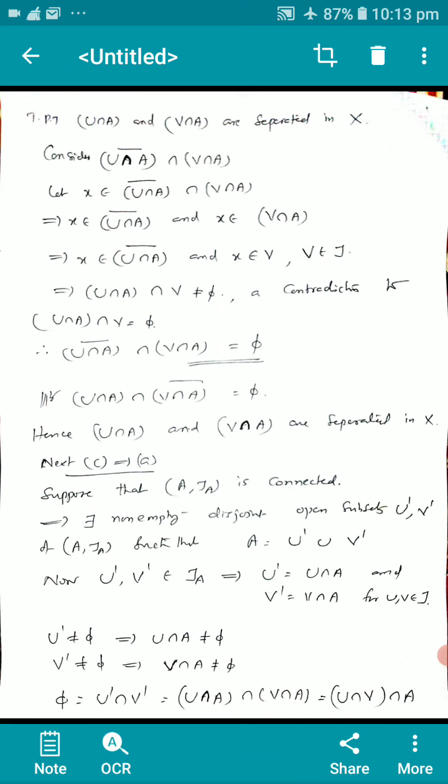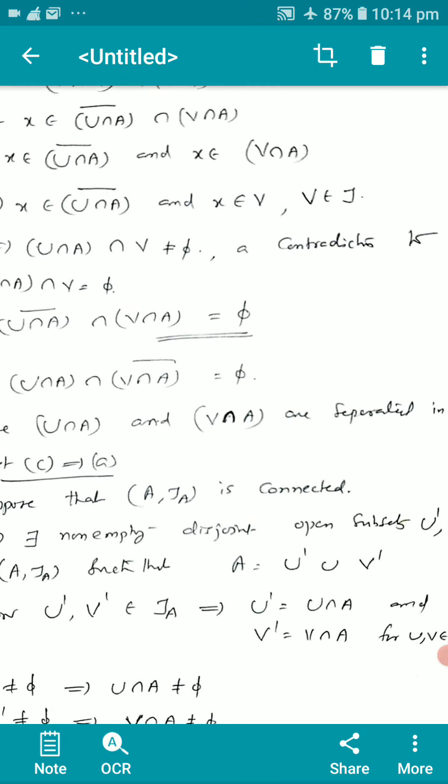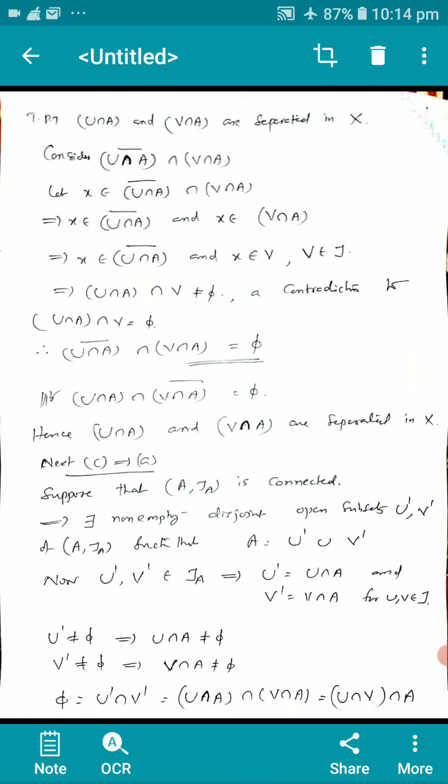Which implies U intersection A intersection V is not empty, a contradiction to U intersection V intersection A being empty. That is, closure of (U intersection A) intersection (V intersection A) is empty. Similarly, (U intersection A) intersection closure of (V intersection A) is again empty. Hence, U intersection A and V intersection A are separated in X.